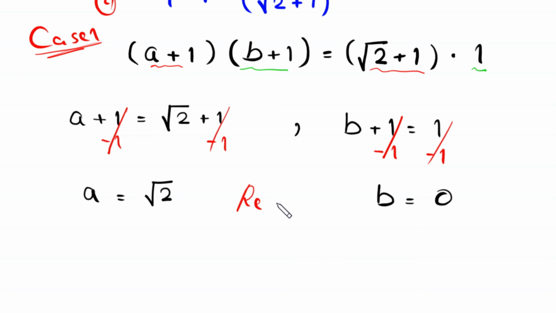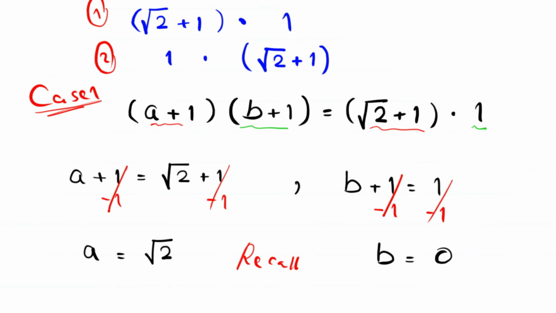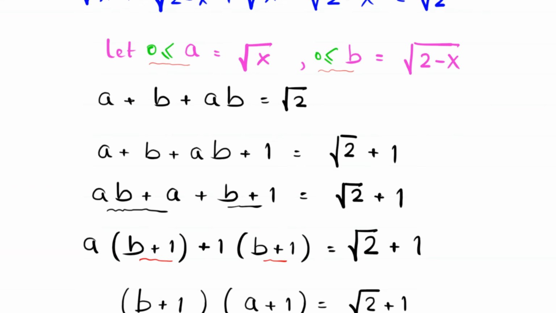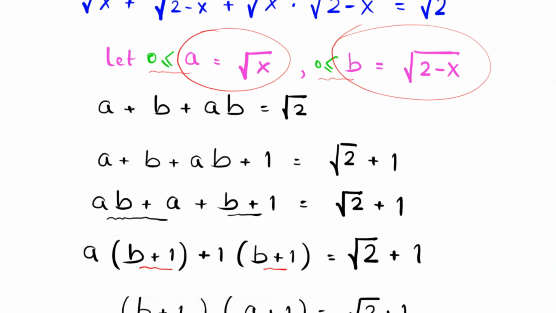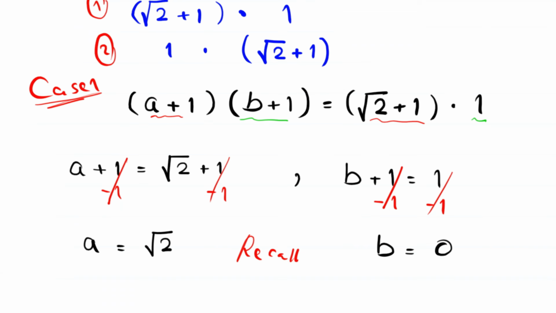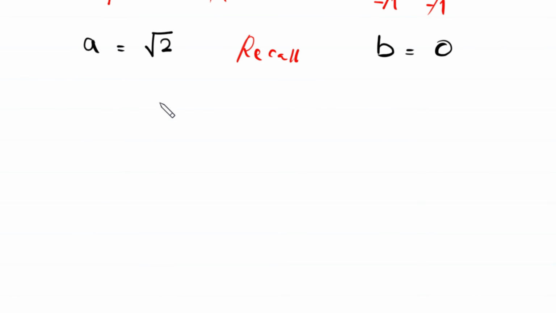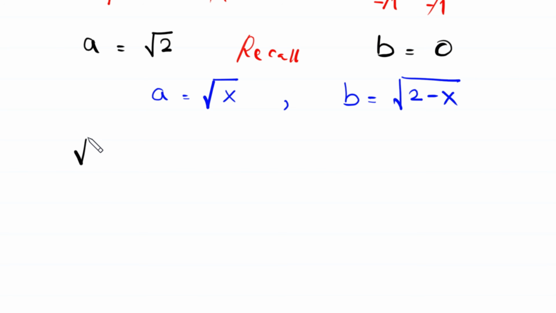Now recall that we have supposed that a is equal to root x and b is equal to root 2 minus x. So this will become root x equal to root 2, and we take square of both sides.